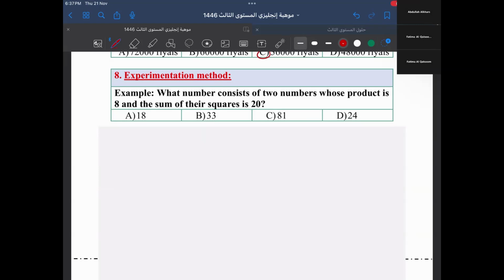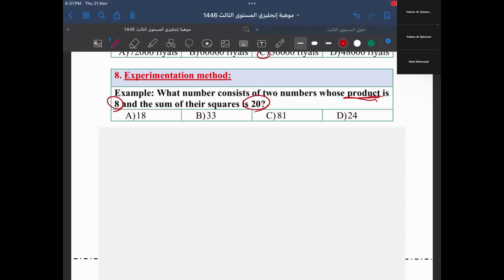Okay, so here, what we're going to do is just try all of the choices, which is going to be easier than making equations and trying to solve it as an equation. So they are saying that two of these numbers, when I multiply them by each other, I'm going to have 8. And when I add the squares of them, I'm going to have 20.